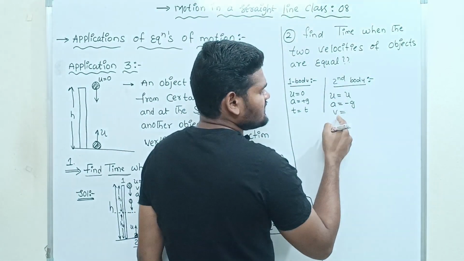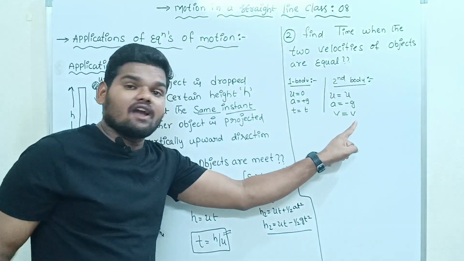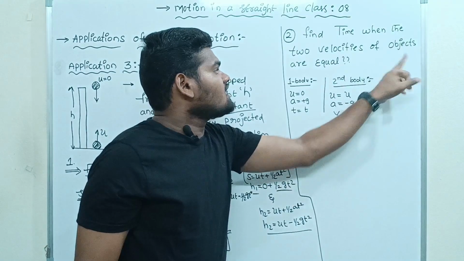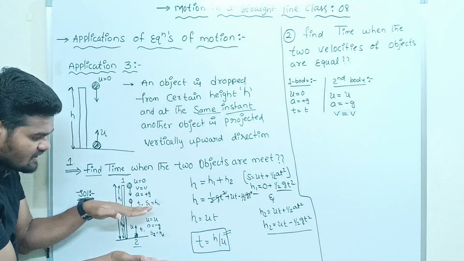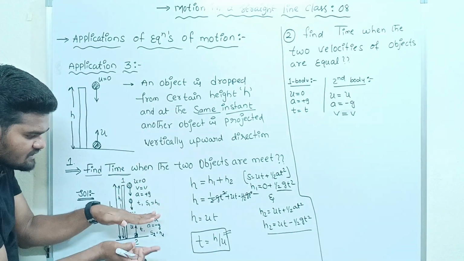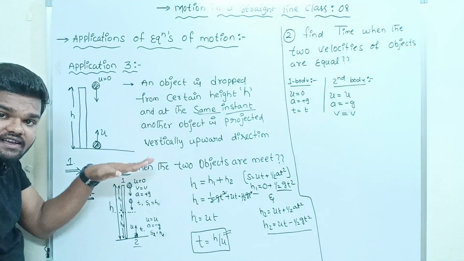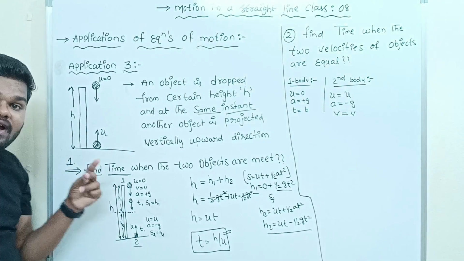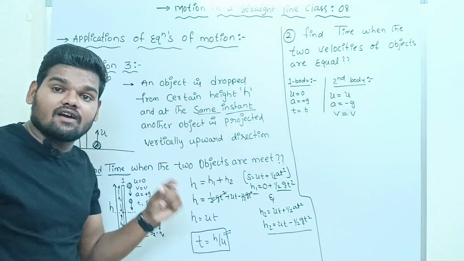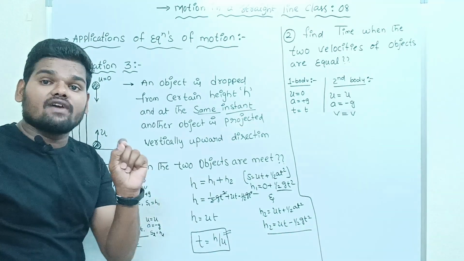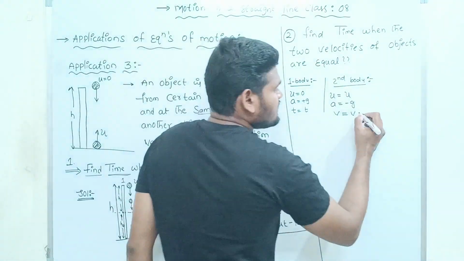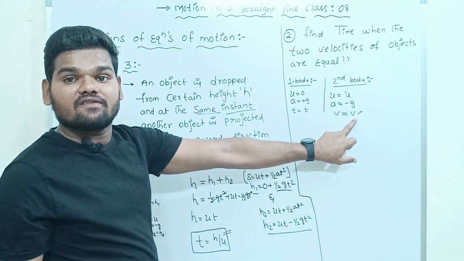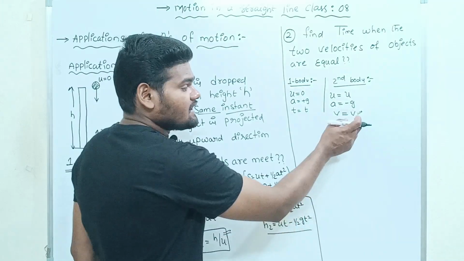At maximum height its final velocity would be 0, but we are talking about the two velocities of the objects being equal. Somewhere in this journey, before reaching the maximum height, the two velocities are equal. That's why I'm taking the final velocity of this object as v, not talking about the maximum height.